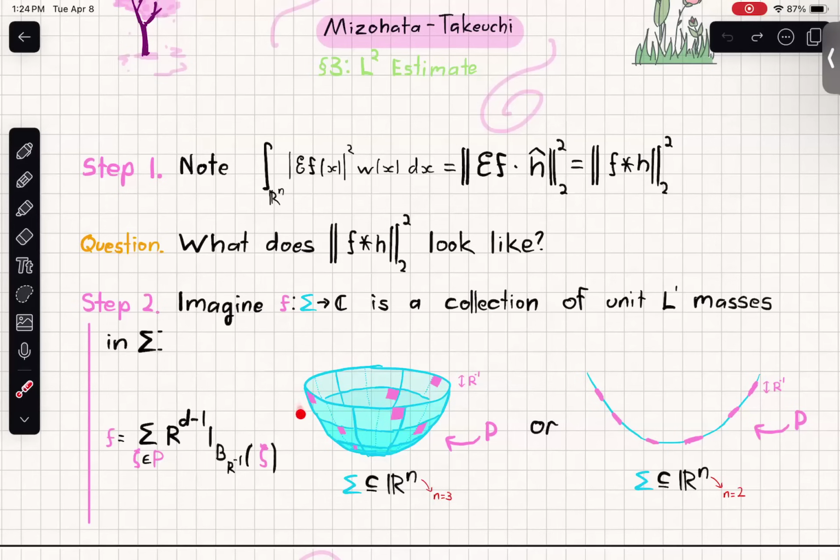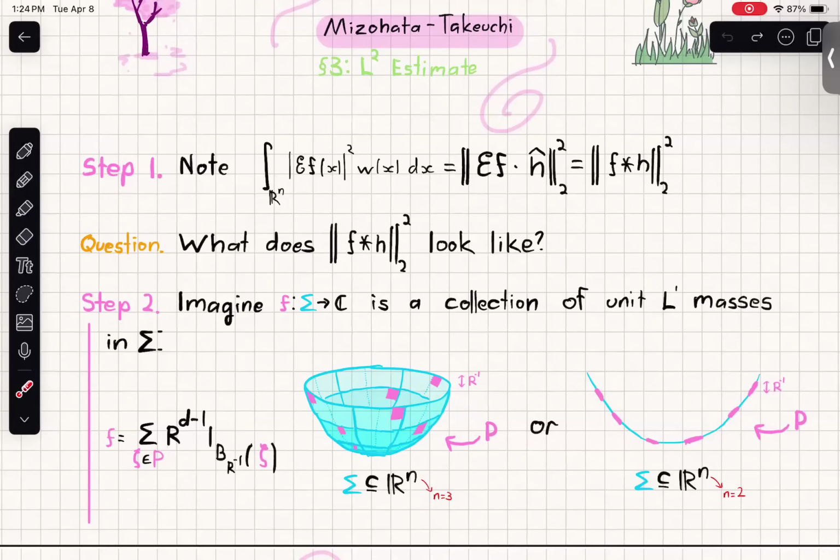So here I've drawn the picture from before. We should imagine F has some mass over there, it has some mass over there, it has some mass over there. And instead of taking the Fourier transform and then dealing with all these weird interference patterns, we want to handle everything on the Fourier side, before we take the Fourier transform, because this way we can deal with everything in terms of vector addition and convolutions and stuff that we know how to do.